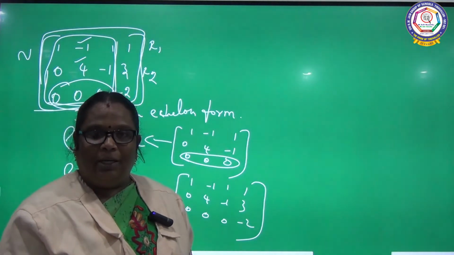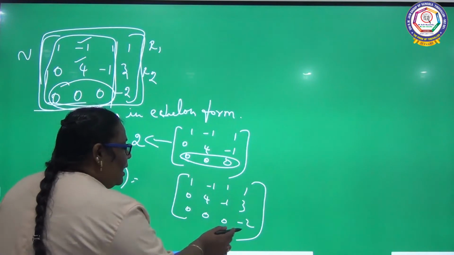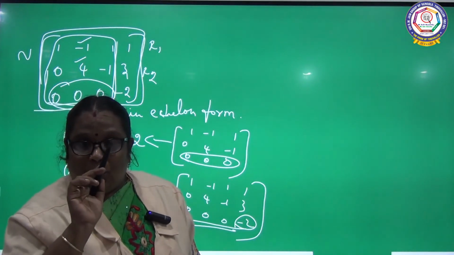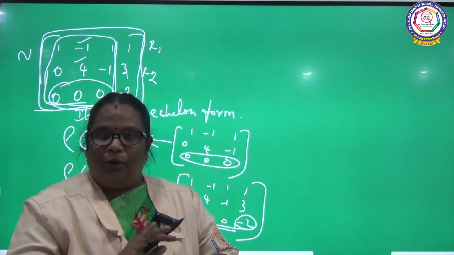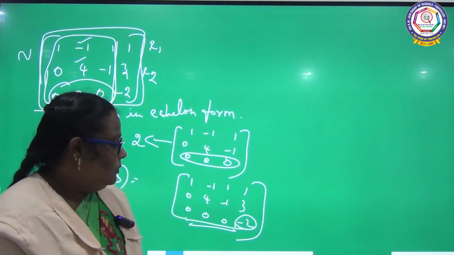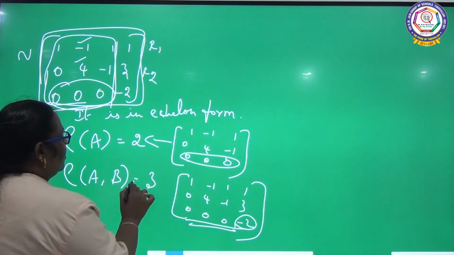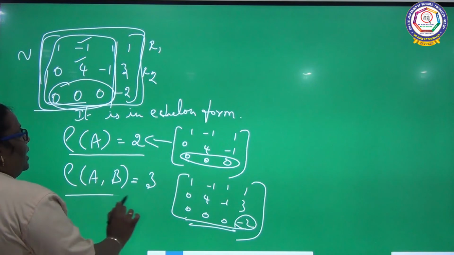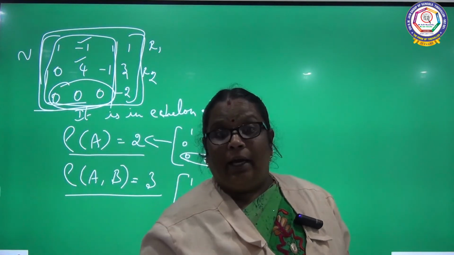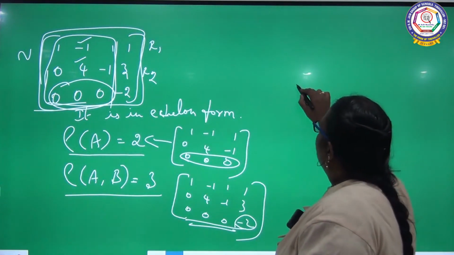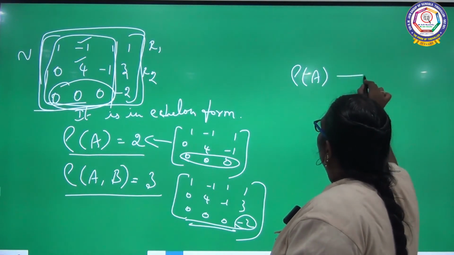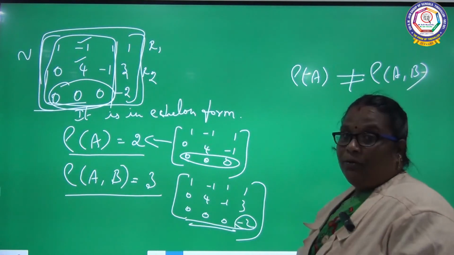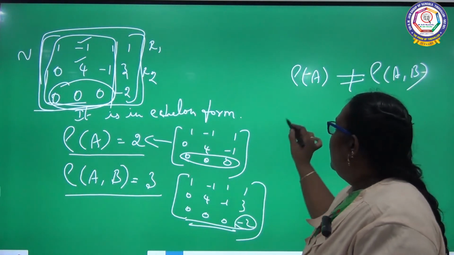How many non-zero rows are there? 3, because in the last row one element is non-zero. So rank of A equals 2, rank of [A, B] equals 3. Rank of A is not equal to rank of [A, B].